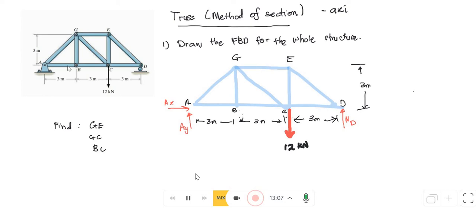So this is the FBD for the whole structure with the support reactions.